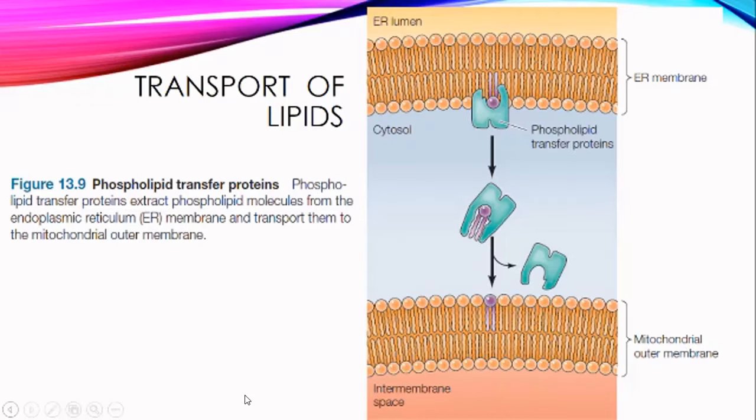Like this one, the lipids, the phospholipid molecule was from the ER going to the mitochondrial outer membrane. Imagine mo parang robot.